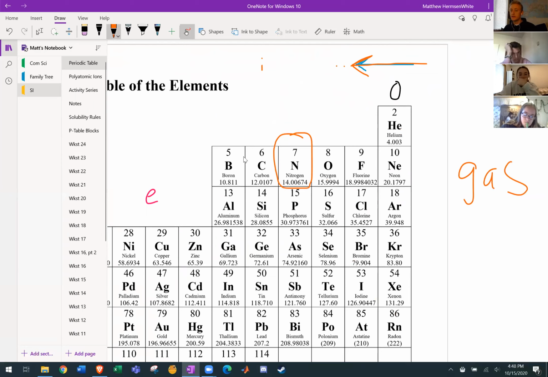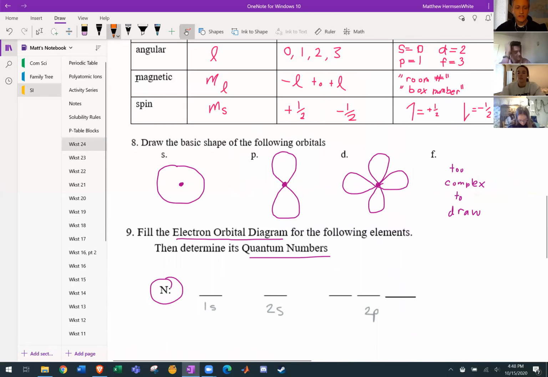Yeah, it's 3 in the 2p, but how many total does it have? 7. Yes, 7. Not a trick. So right here, this number is the number of electrons it has. Let's write that down. Nitrogen has 7 electrons.